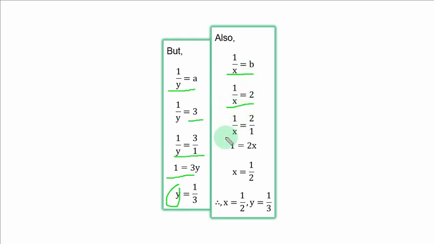So you have it in this form to enable you cross multiply, and you have 1 equal to 2s. To get s, divide both sides by 2, and s becomes 1 over 2. Therefore, s is equal to 1 over 2, and y is equal to 1 over 3.